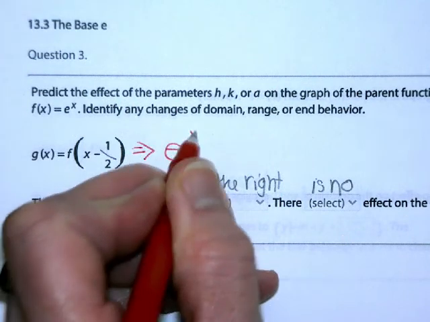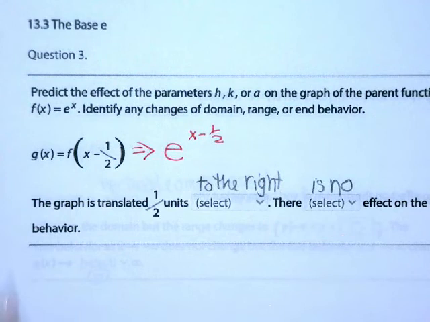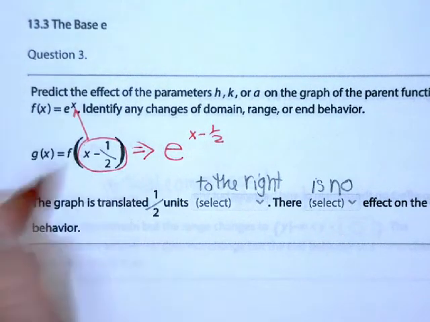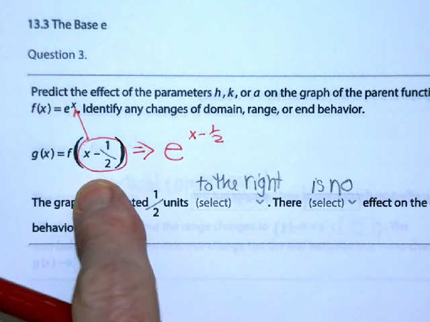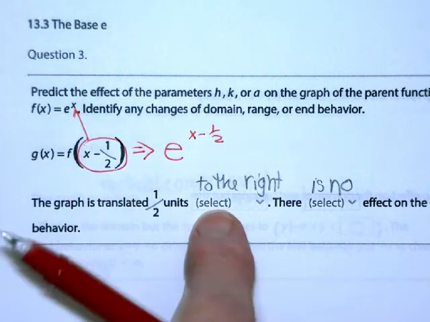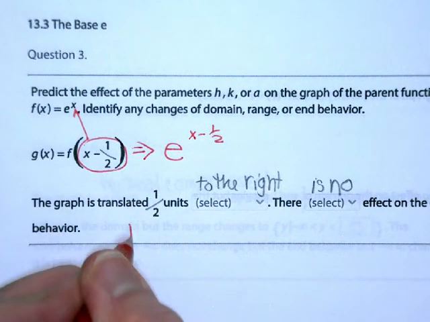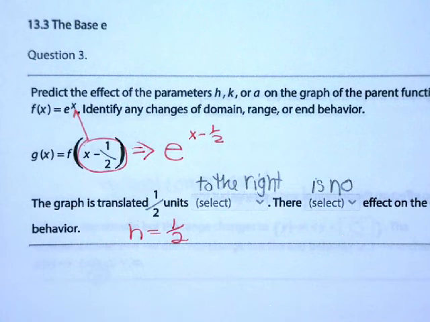So this really means the g of x is e to the x minus 1/2. See what they did? They have a middleman here. This is what you saw in August when we didn't know what the function was. Now we know what the function is. It moves it to the right because that's what h does, right? Correct? Yeah?